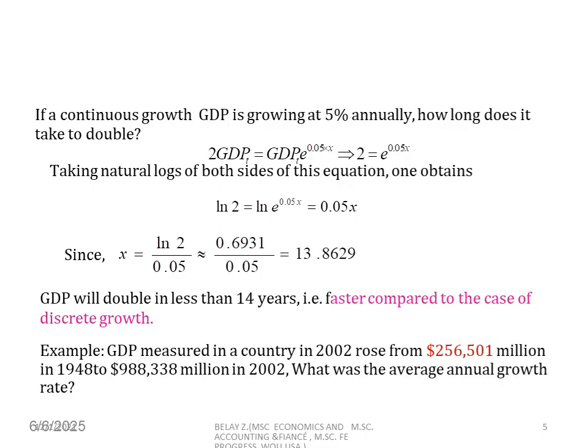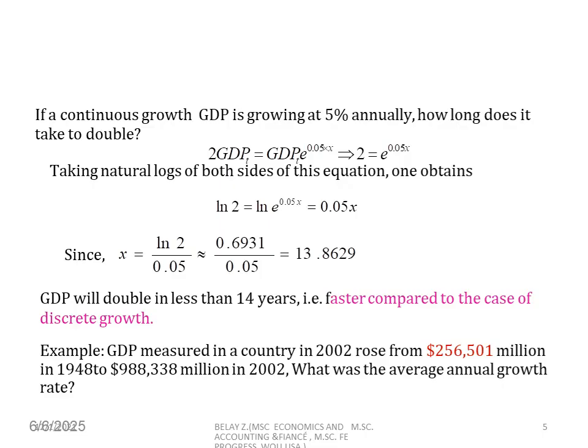The frequency is fast, and continuous growth is faster compared to the case of discrete growth. In discrete growth, we need around 40 years and some months. Under continuous growth, we need less to double our GDP.